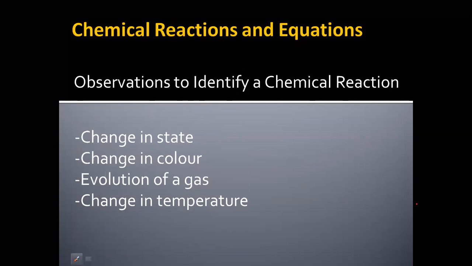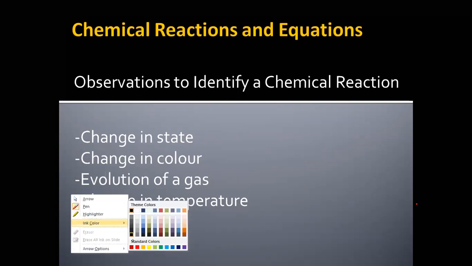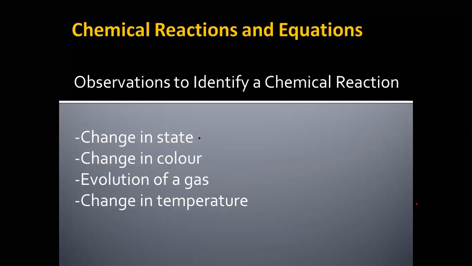Let me just mark over here what I am trying to say. First of all, change in state. Suppose a substance is in the solid state, and after that change, it gets changed into liquid state. That is a chemical change. Next is color change. Color can also be changed in a chemical reaction. Further, evolution of a gas.